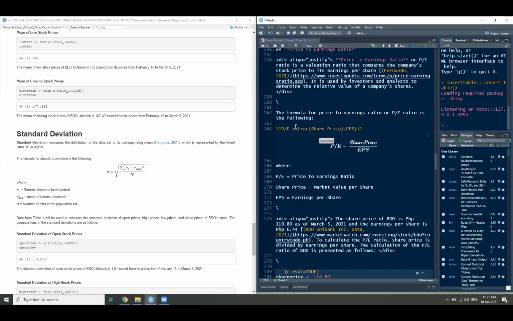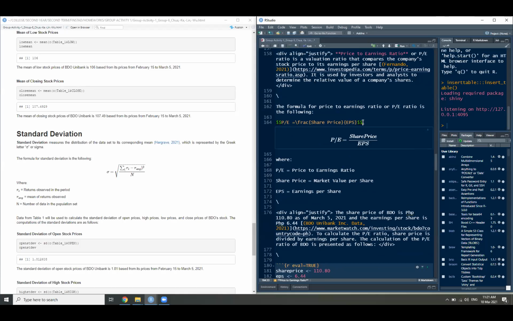When you generate a formula, you need double dollar signs for it to become a formula. If you make a fraction, you need slash fraction. Then this is the share price, the numerator. Then EPS is the denominator. Okay, so is the class clear? That's how we generate a formula using a divisor.